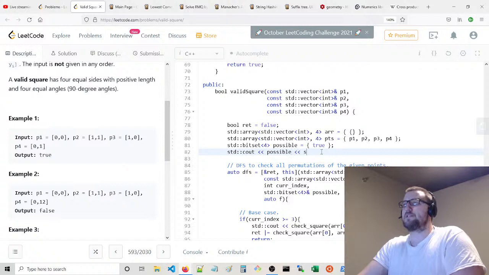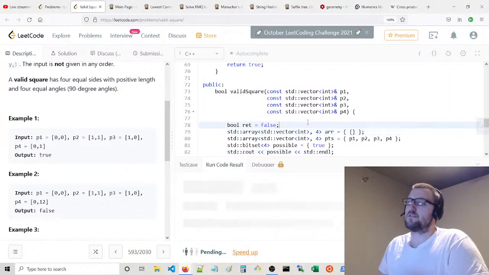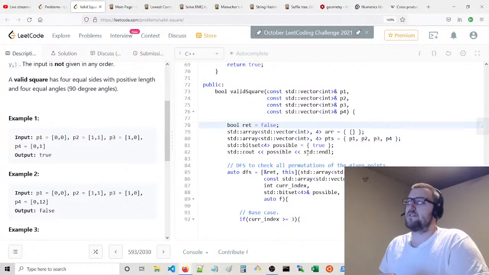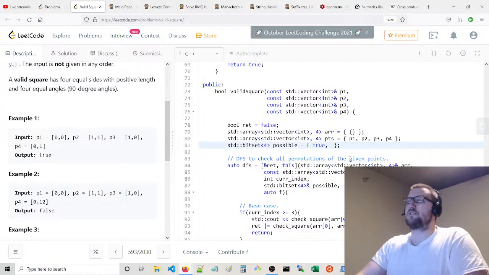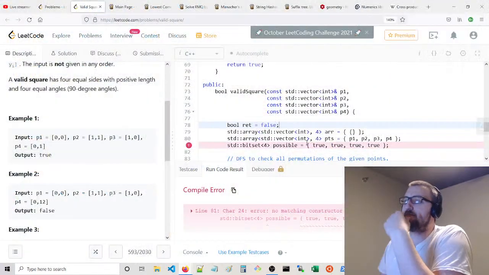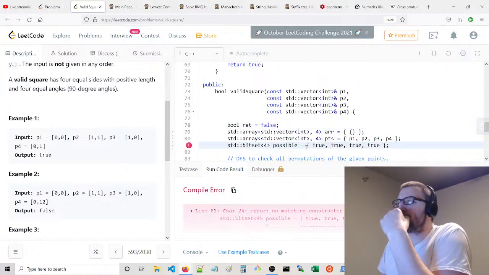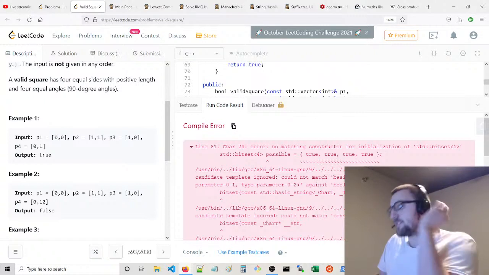What happens if we do this? Zero, zero, zero, one. Okay. Oh, that's not correct. I see the problem, at least part of the problem. And this should be just all true. Really. Why is that?